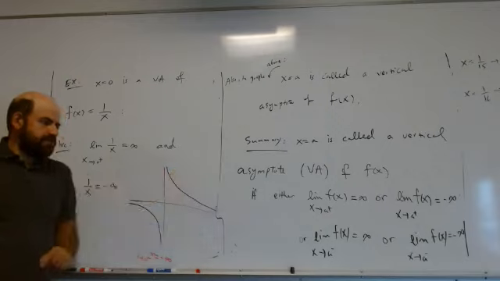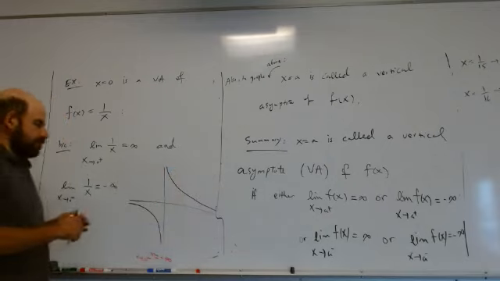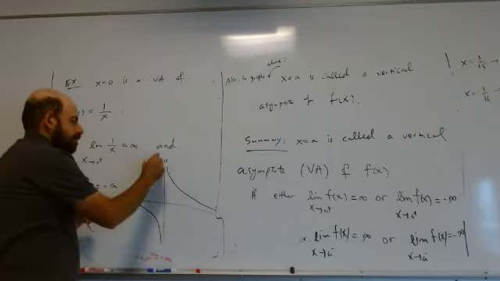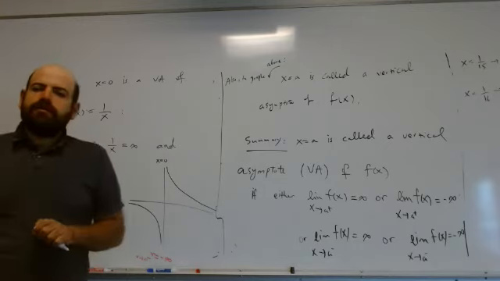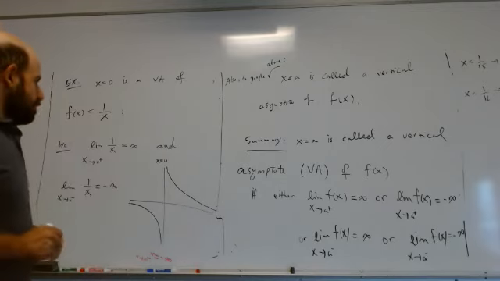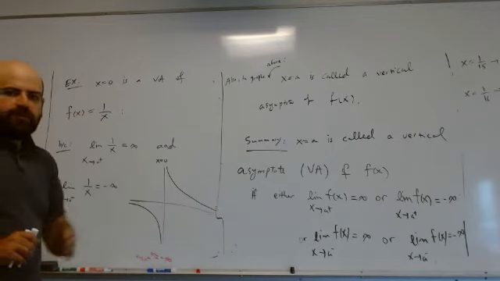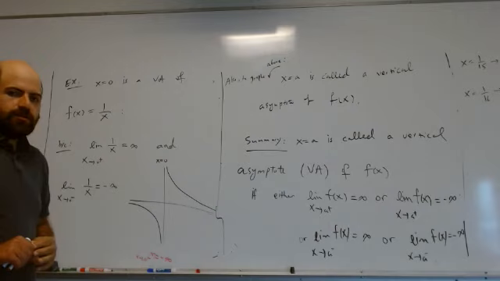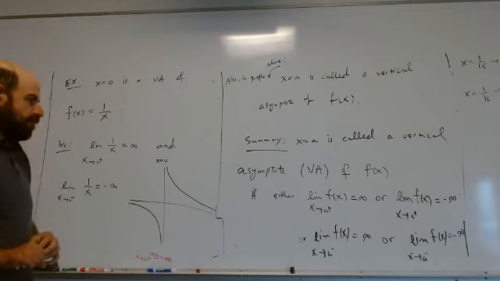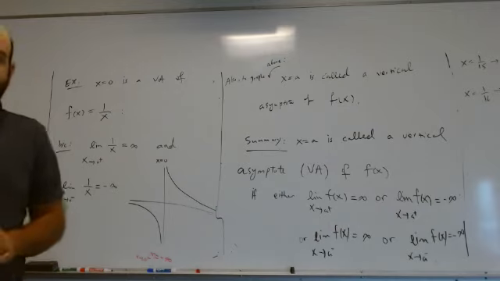So two of those are true, and therefore x equals 0, which means the y-axis, is a vertical asymptote. But even if only one of those four conditions holds, we can still say that we have a vertical asymptote.